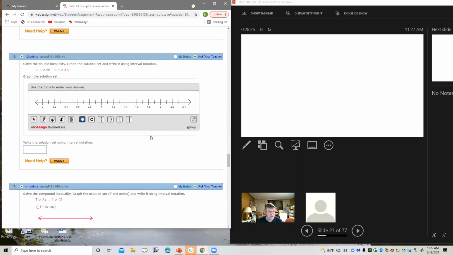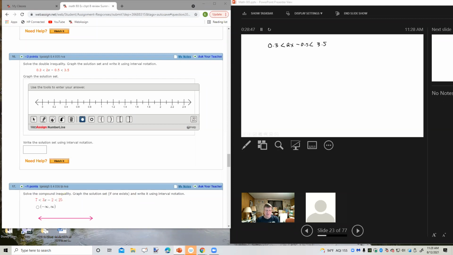Next problem, 16. Solve the double inequality, graph the solution set, and write it using interval notation. Okay, so we've got 0.3 less than 2x minus 0.5 less than 3.5.